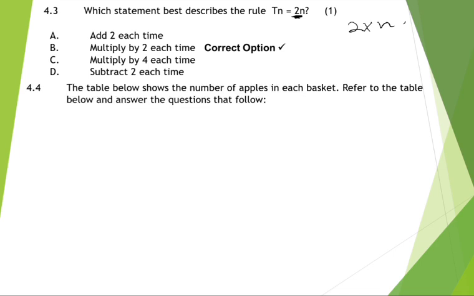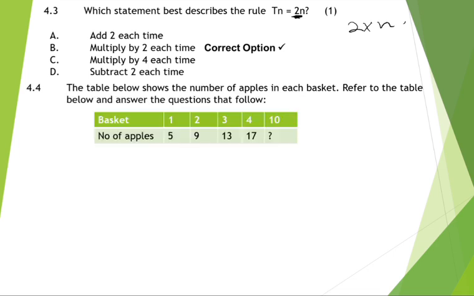Let's move on to the table below. It shows the number of apples in each basket. Refer to the table and answer the questions that follow. Basket 1 has 5 apples, basket 2 has 9, basket 3 has 13, basket 4 has 17, and basket 10 we don't know. That's what we want to calculate. So it's 5, 9, 13, 17.